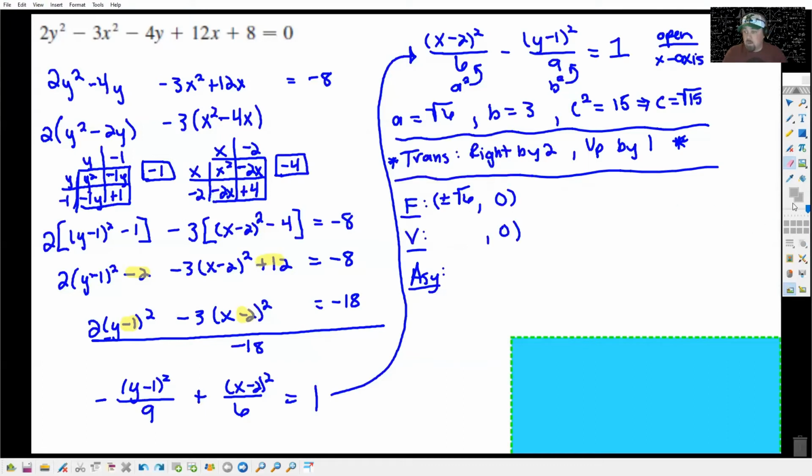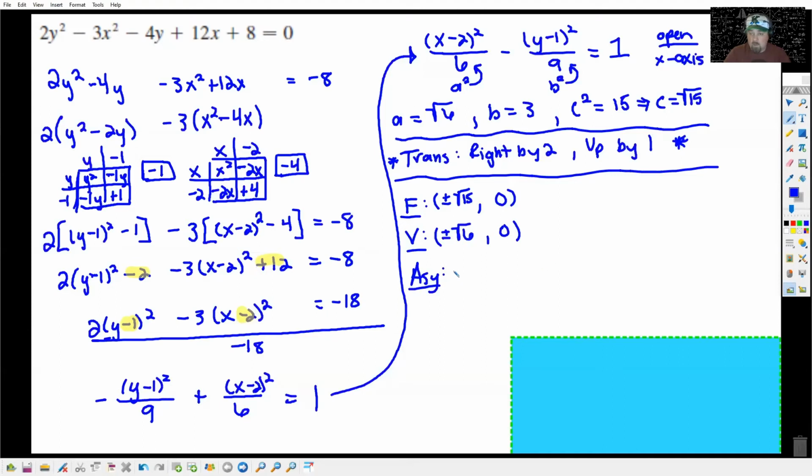This should have been c. This is the focus. Let's change that up. Focus is c, which is 15. This is plus or minus the square root of 15. Down here for our vertices, this is based off a. This is plus or minus the square root of 6.